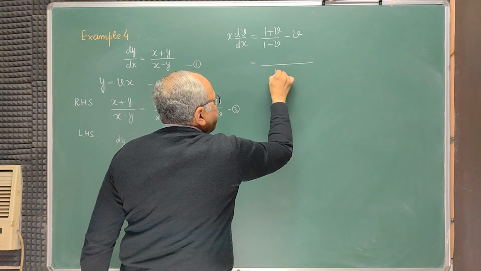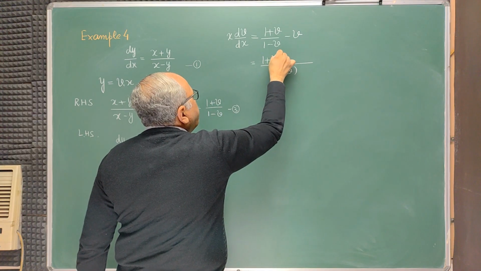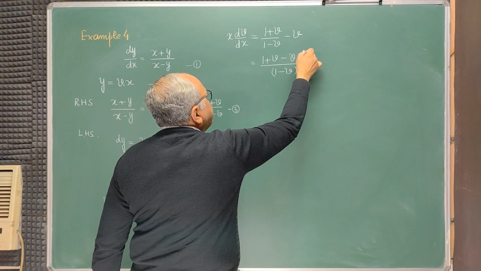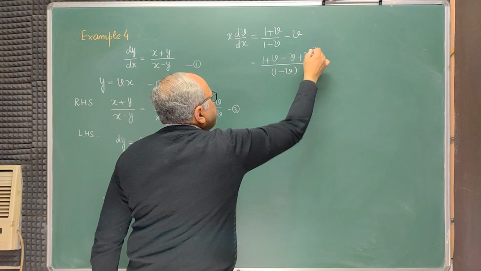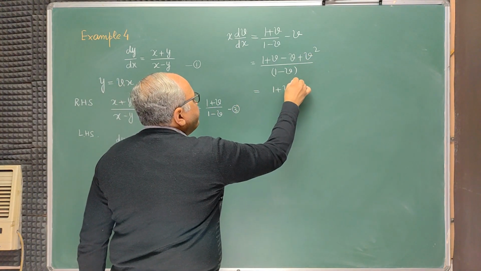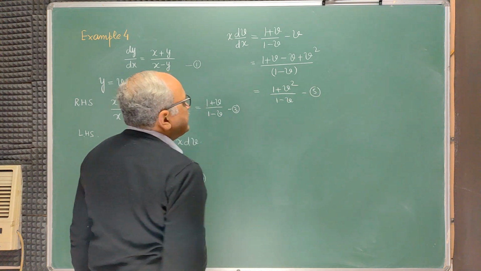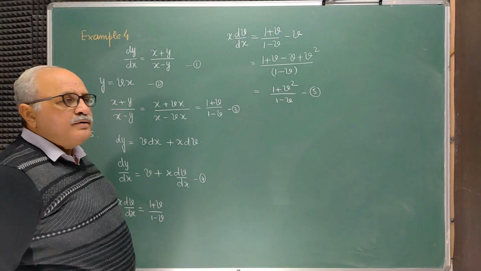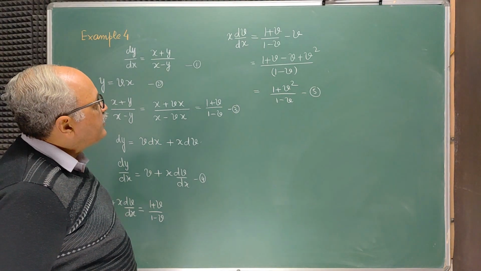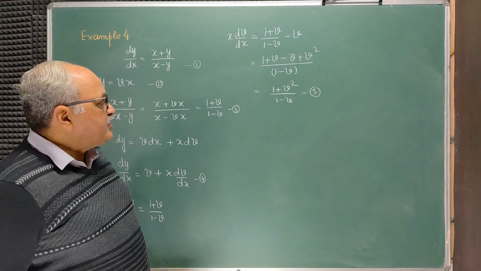If you take the LCM 1 minus v, this makes it 1 plus v minus v, and minus and minus will make it plus v square, and this is 1 plus v square divided by 1 minus v. This is how we can write our differential equation. So now it is fit for the separation of variables.